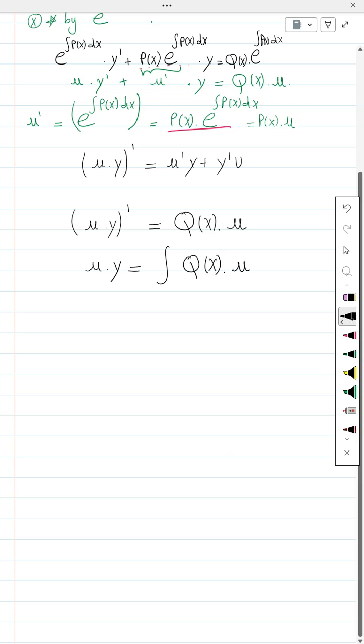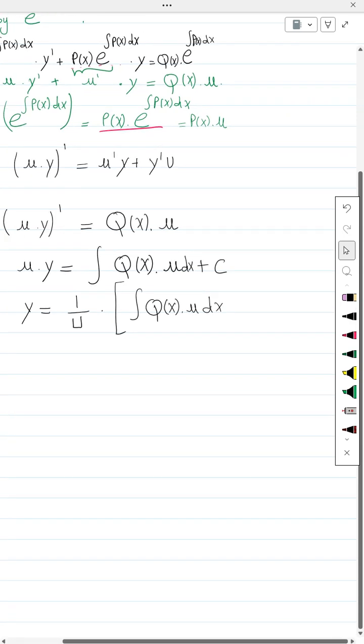When we integrate this quantity, we obtain a constant c, so I'm going to add a c right here. To obtain y, we need just to divide by u. So y is going to be 1 over u times the integral of q(x) u dx plus c.